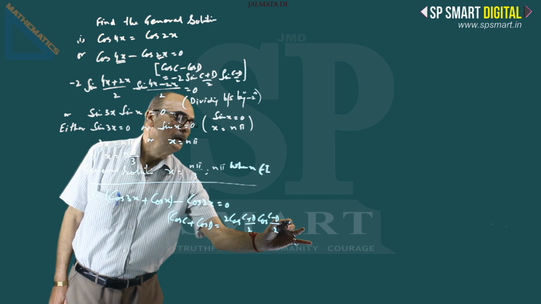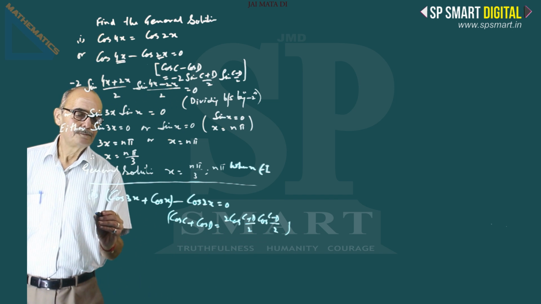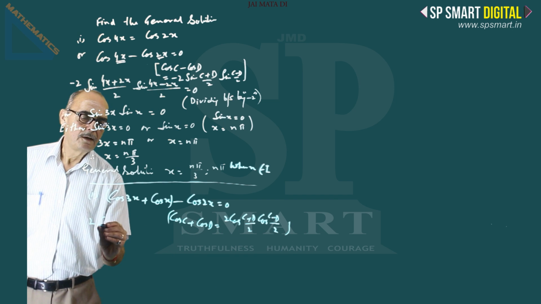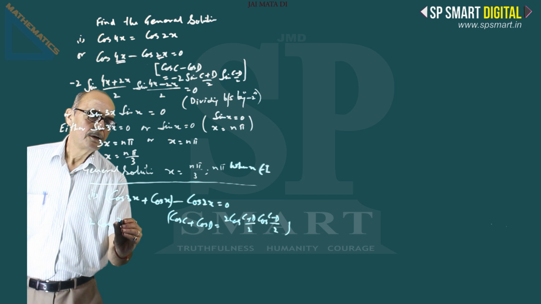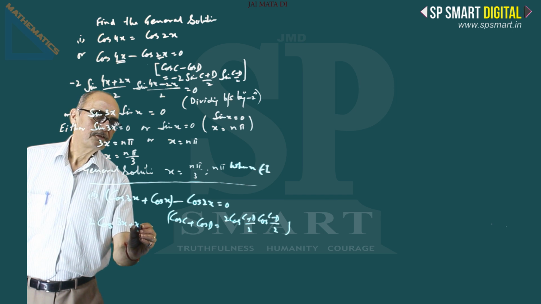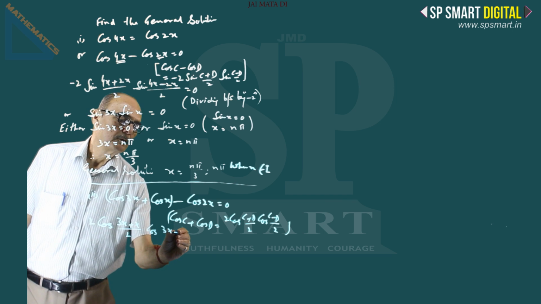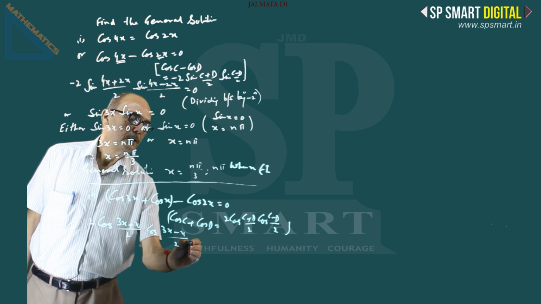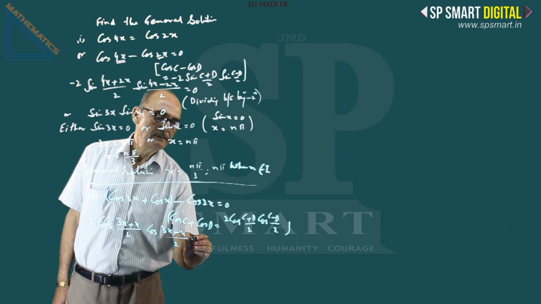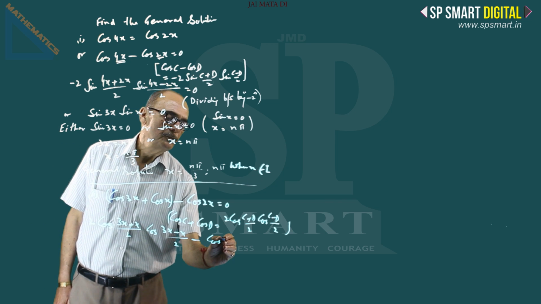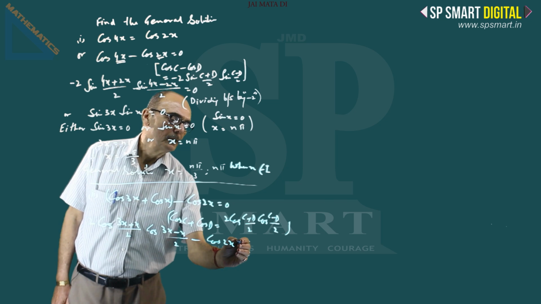This formula we have already discussed. So, this will be twice cos of (3x plus x) by 2 cos of (3x minus x) by 2 minus cos of 2x equal to 0.